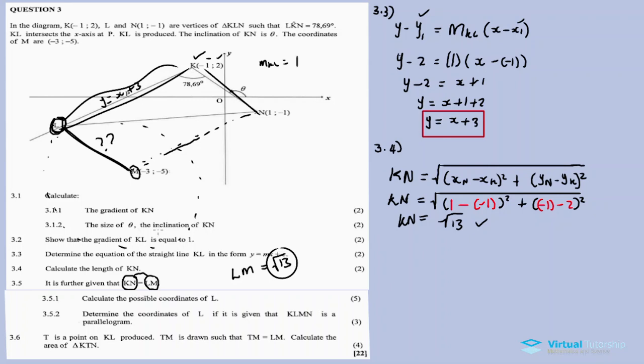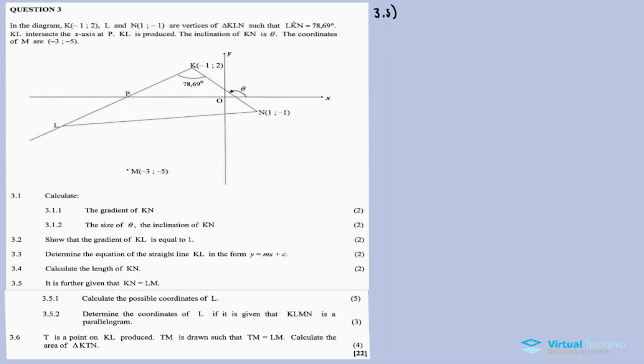So it's basically a circle intersecting with a straight line. We want the coordinates of L, but anyway, I'm going deeper now. Right now I'm going to erase this and then we will discuss 3.5.1.